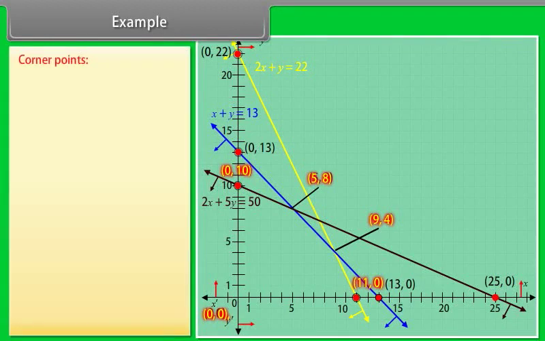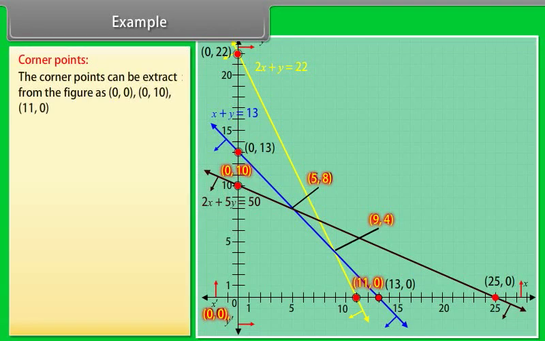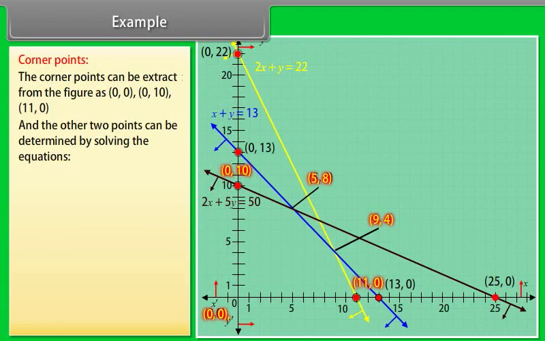Let's find the corner points. The corner points can be extracted from the figure as 0, 0, 0, 10, 11, 0, and the other 2 points can be determined by solving the equations. 2x plus 5y is equal to 50 and x plus y is equal to 13.